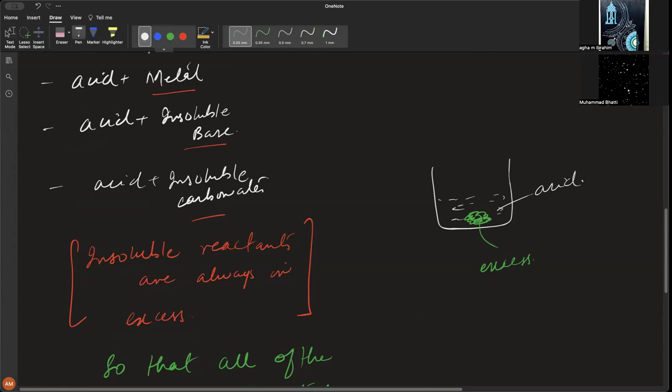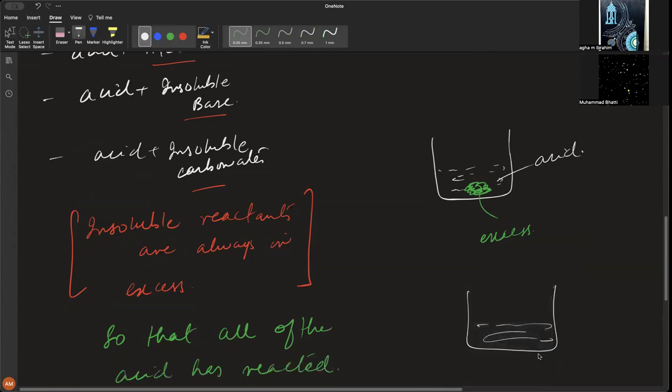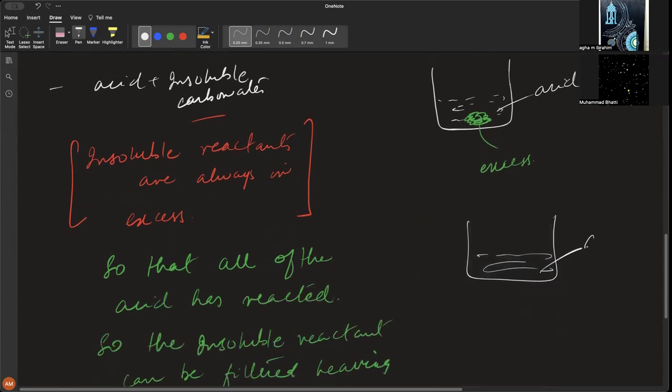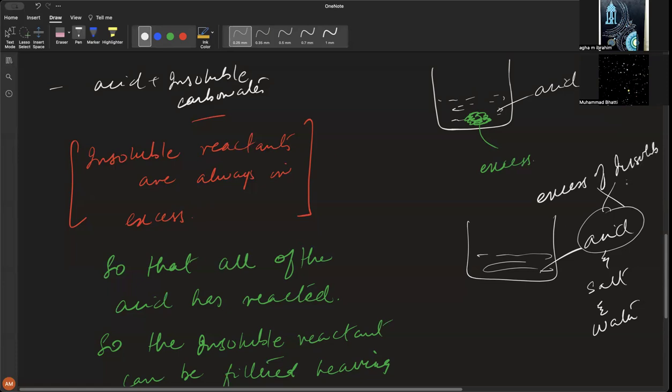This solution is going to have, we are not sure, acid and salt and water. In order to make sure that all of the acid has finished, we use excess of insoluble reactant.